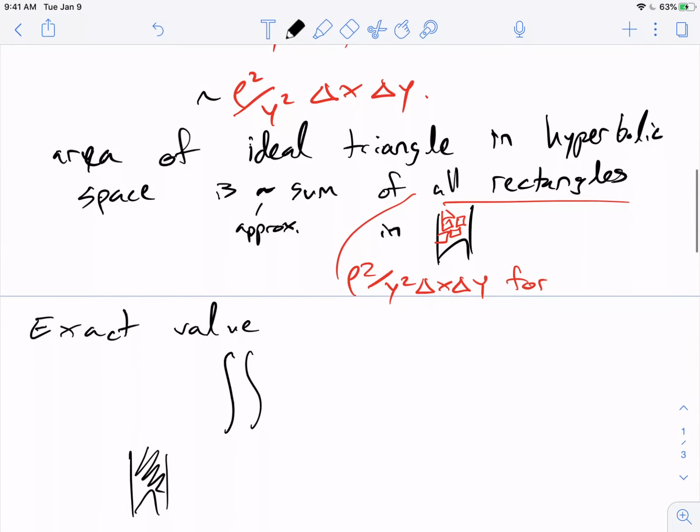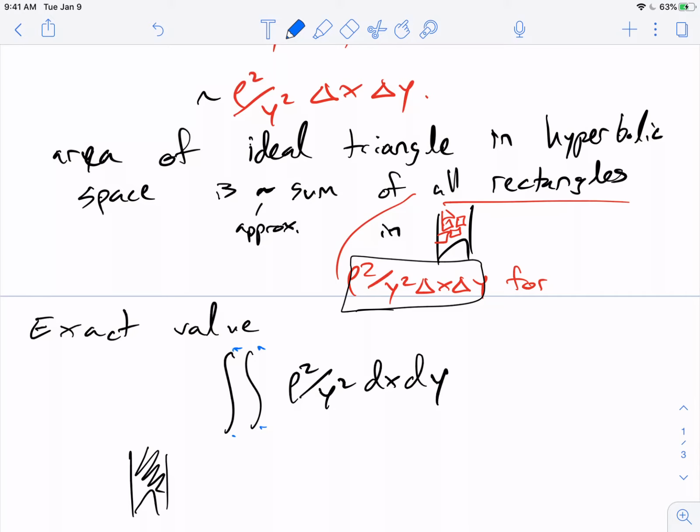And what I'm integrating, the integrand, is the thing that I'm adding, so these values, and so this is rho squared over y squared, and these become infinitesimal, so dx dy. Okay, and so what I need to do next is figure out what the bounds of integration are, and then I'll be able to do the integral.